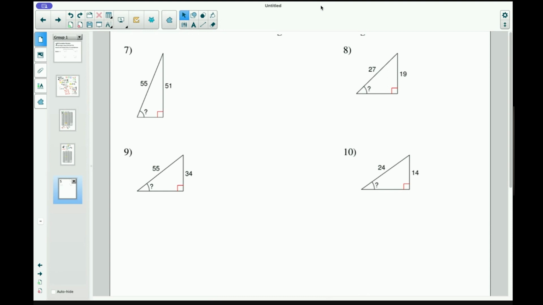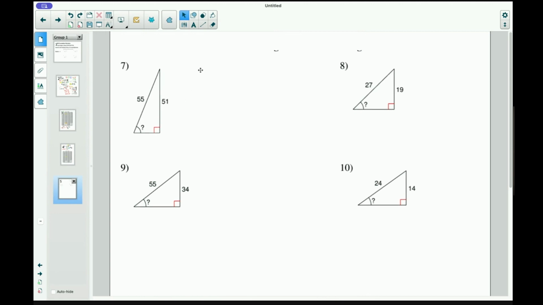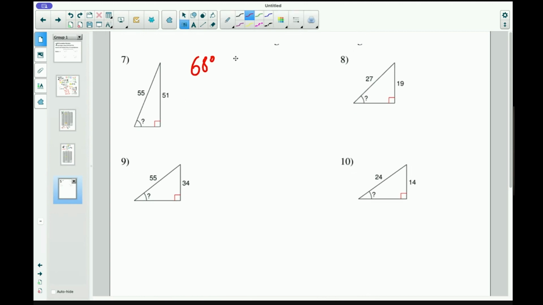So I'll go ahead and write those down so you guys can have them as well: 68 degrees, 45 degrees, 38 degrees, and 36 degrees. Are we feeling pretty good about that? Can you guys give me a thumbs up if we're ready to move on with cones?